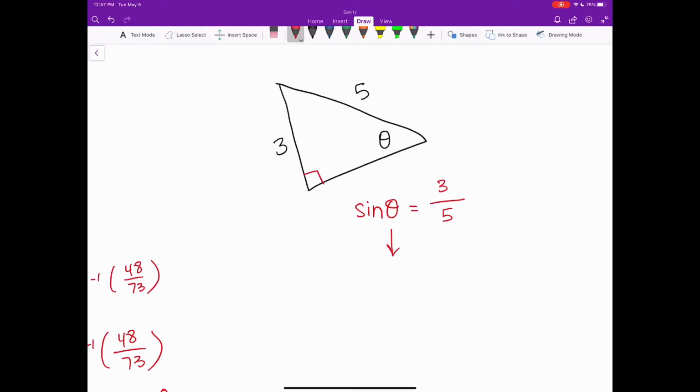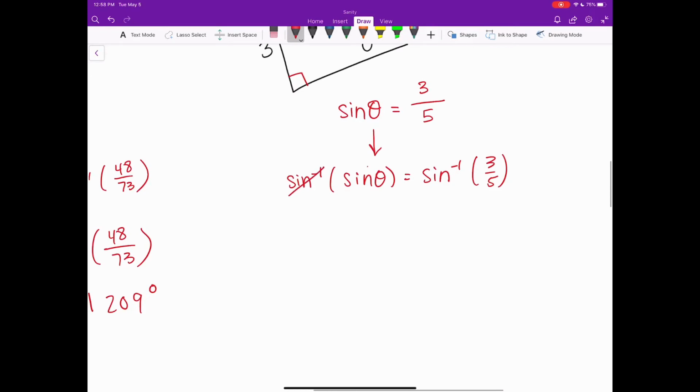Again, essentially we're just solving for theta, so I'm going to take the inverse of sine on both sides. So sine inverse of sine of theta equals, again, what I do to one side I must do to the other. So sine inverse of 3 over 5. Those sines are going to cancel out. I'll just be left with theta equals sine inverse of 3 over 5.